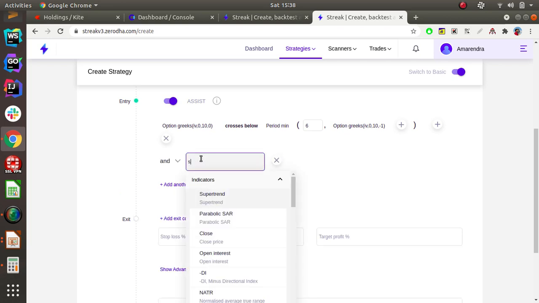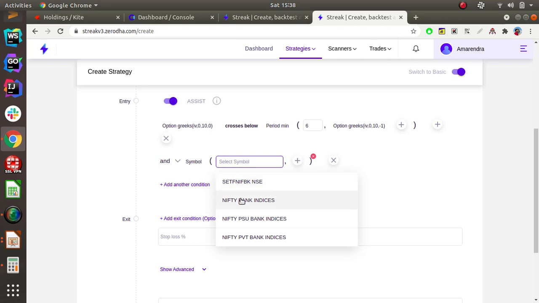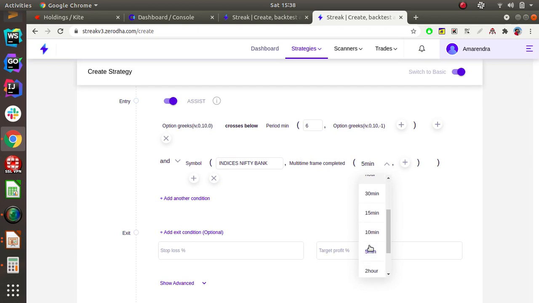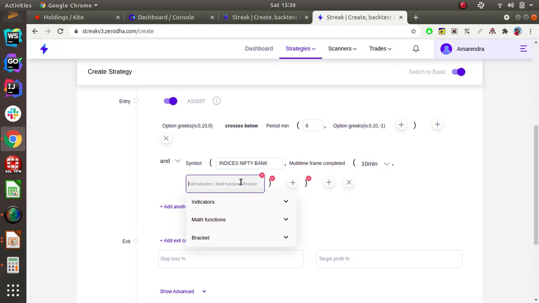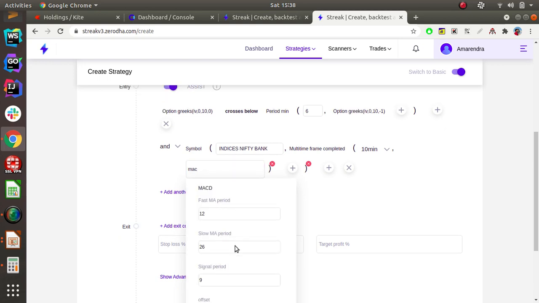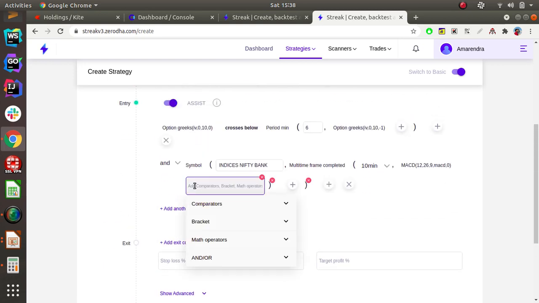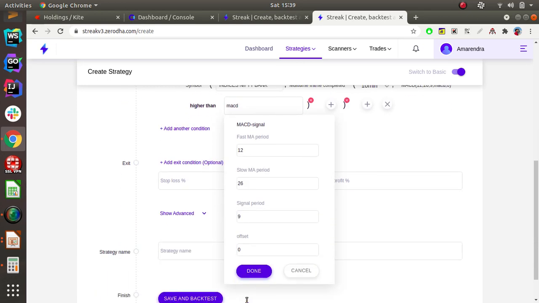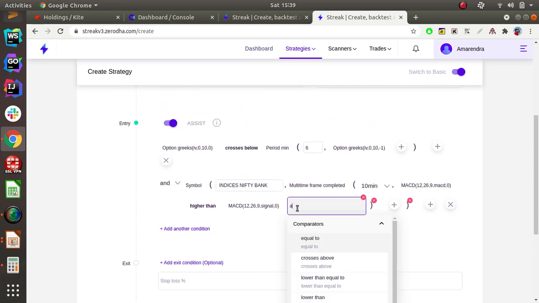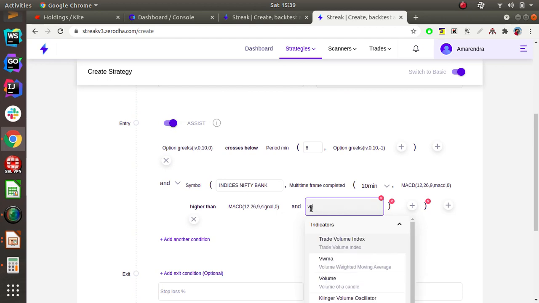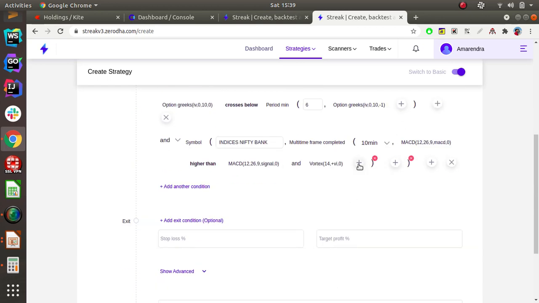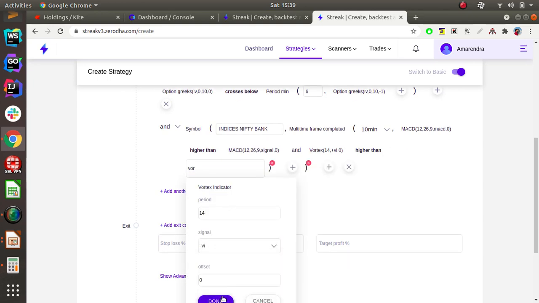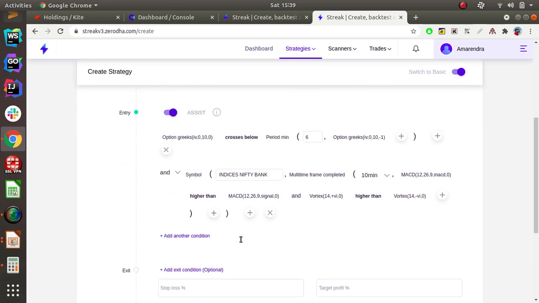Okay, and then we are going to add our directional view as well. For Bank Nifty, let us use a higher time frame so that these indicators give better results. 10 minutes MACD higher than MACD signal, and Vertex higher than Vertex, then negative.